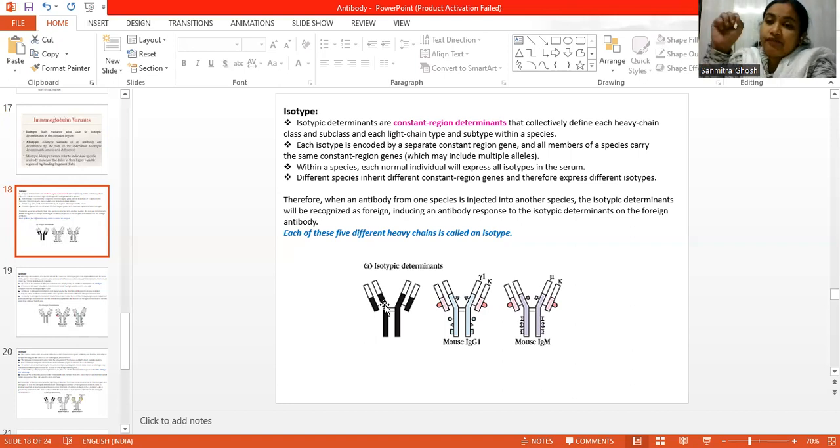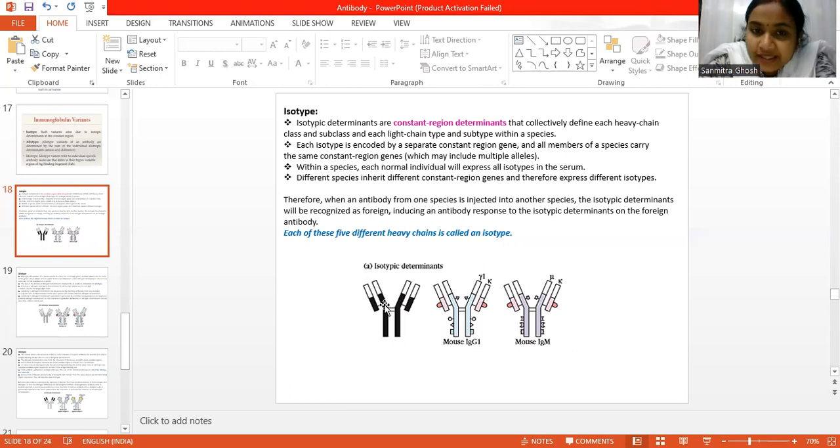So, for example, if it is C gamma, which is encoding for the heavy chain region of the IgG molecule, that will be the same for each and every individual of the human beings. It will be the same for me. It will be the same for individuals A, B, U, and the others who are attending these classes. But because of subtle allelic variations, since multiple allelic variations are possible, there can be nominal amino acid sequence changes in this particular region. But the major portion of this gene segment is the same.